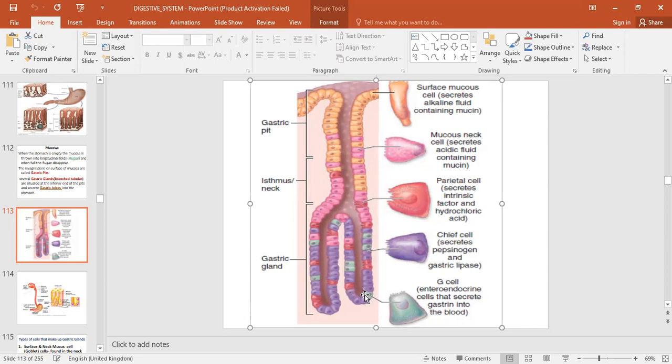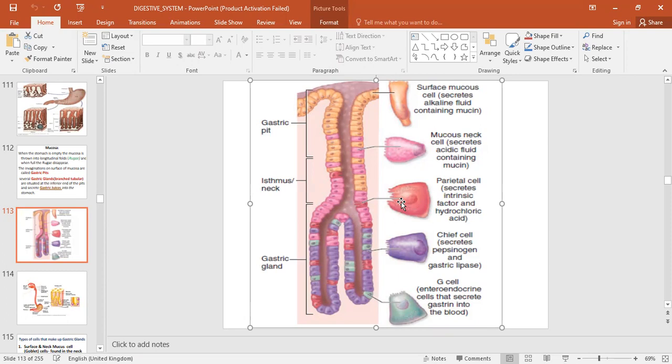Then at the base of the gastric gland here, we find G cells. They are named G because of the substance they produce, known as gastrin. So gastrin is a local hormone. When gastrin is produced, it works on these cells, chief cells and parietal cells, so that they can produce more of their secretion.